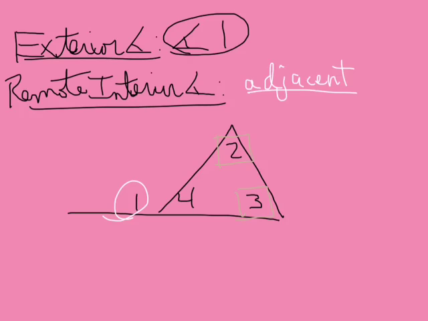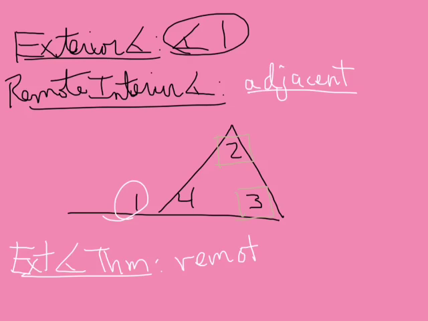Well, you get this exterior angle theorem. Let me write it below it. Exterior angle theorem. And here's what it says. The measure of the exterior angle is equal to the sum of the 2 remote interior angles. Sum means you add them. And we're going to actually show this one in class tomorrow.